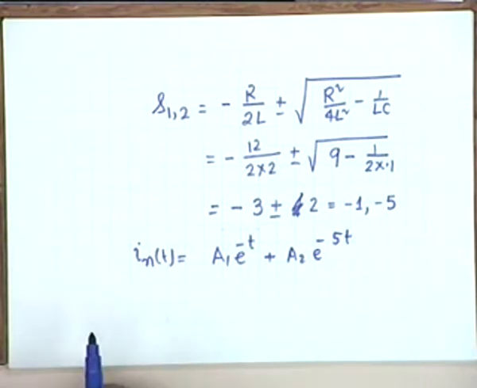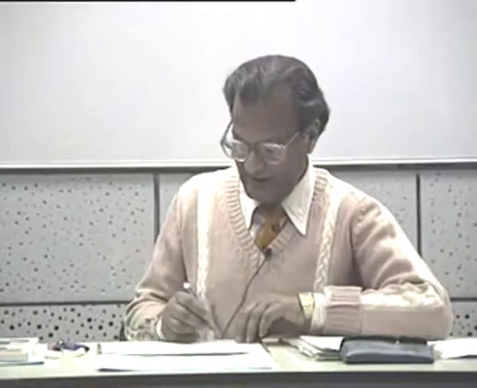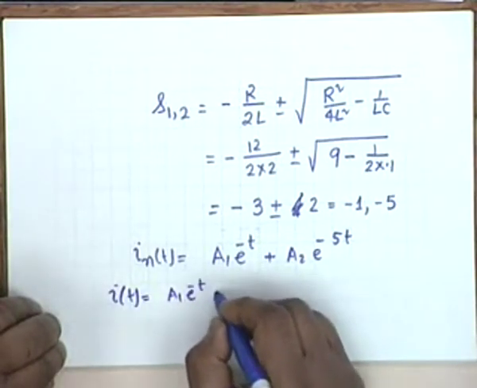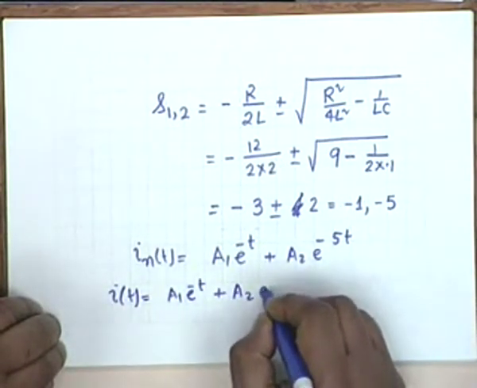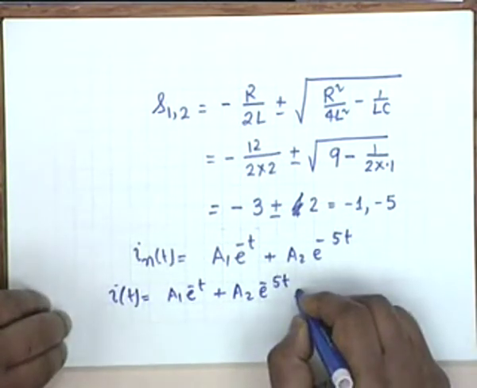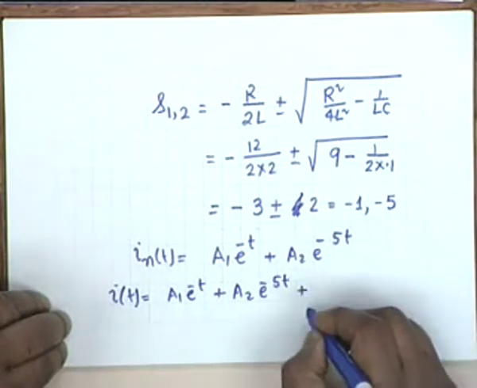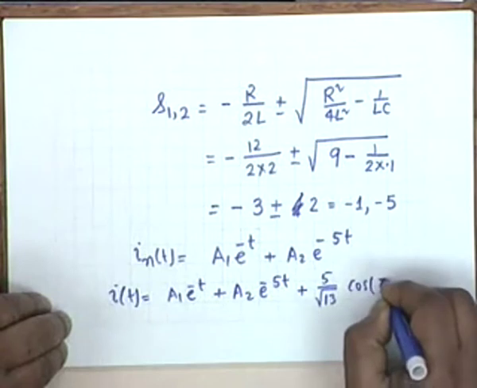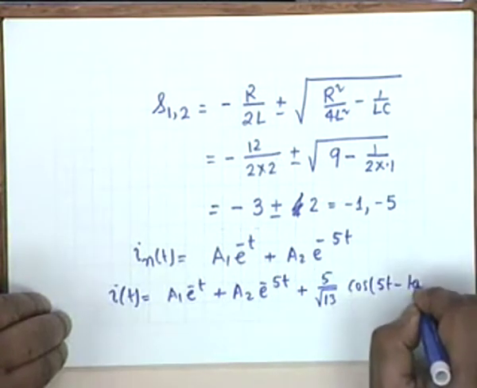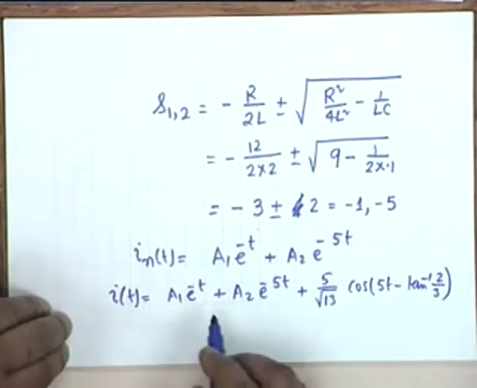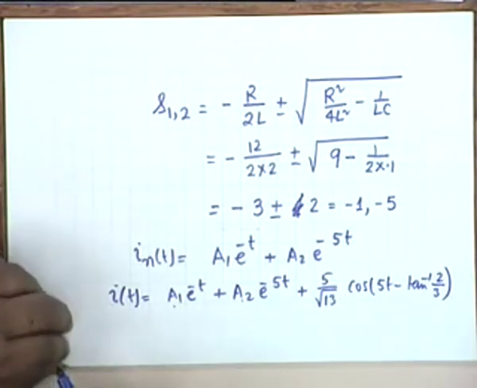Is it okay? Right. Therefore, my total current response I of t shall be a1 e to the minus t plus a2 e to the minus 5t, then plus 5 by root 13 cosine of 5t minus tan inverse 2 by 3. The problem that remains is to find out a1 and a2.